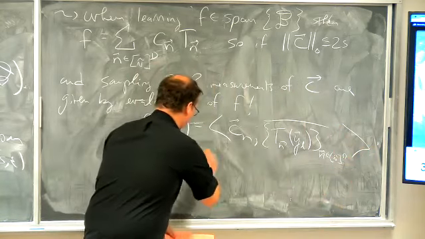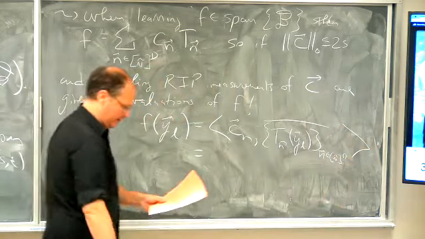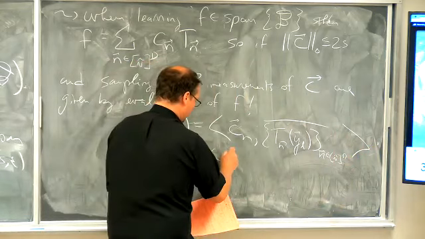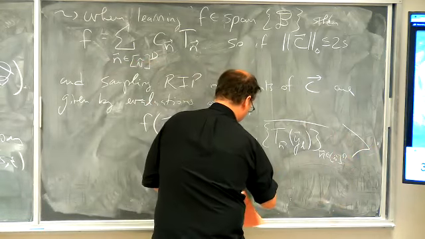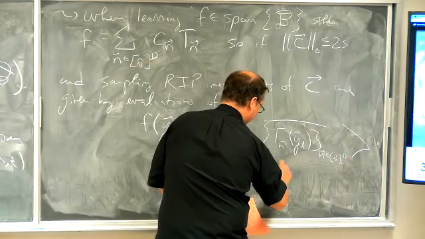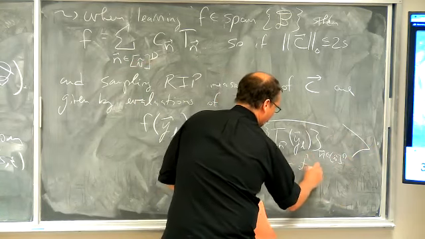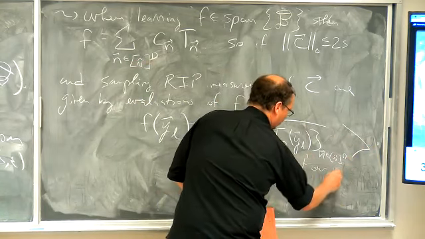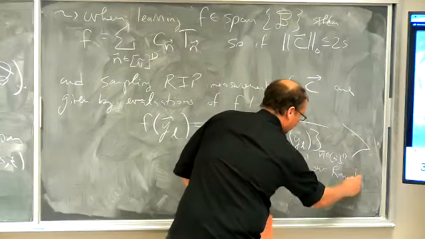And so each random sample is basically giving me an inner product with a row of our random sampling matrix.